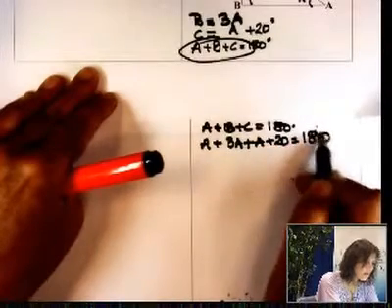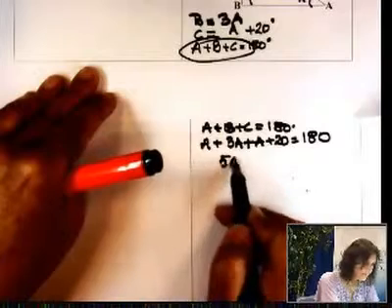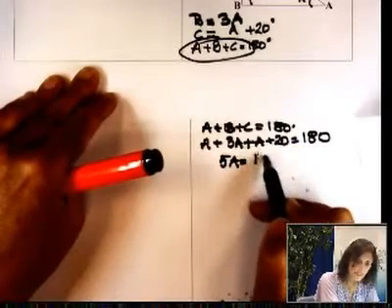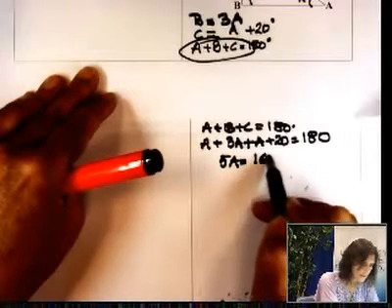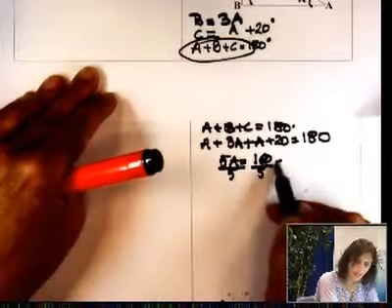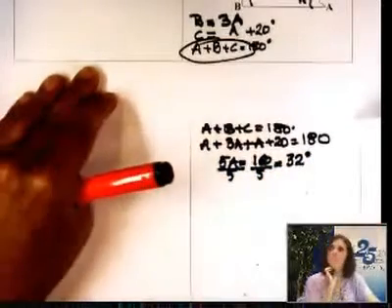Everything is 180. 3, 4, 5A equals, subtract 20 from both sides, that's 160. And divide both sides by 5, and you'll get 32 degrees.